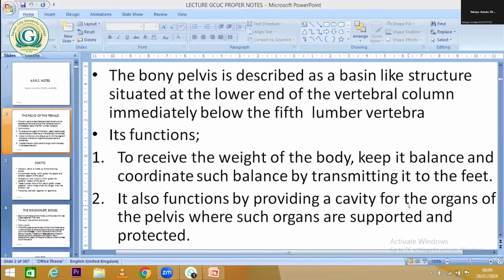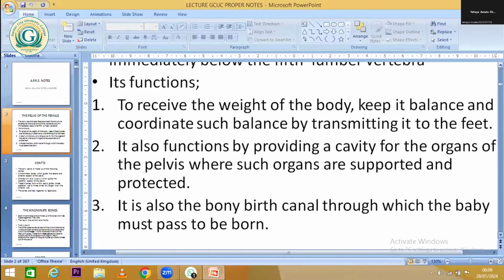The second function, it also functions by providing a cavity for the organs of the pelvis, where such organs are supported and protected. Okay.